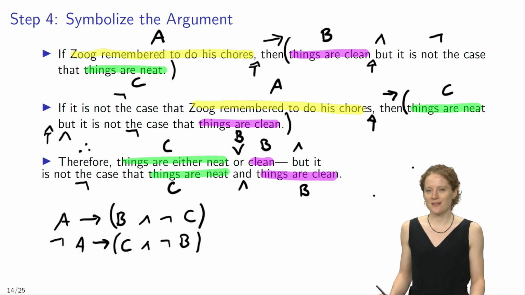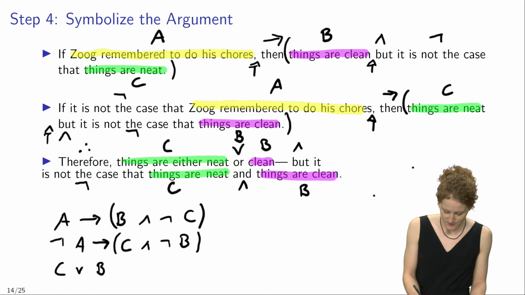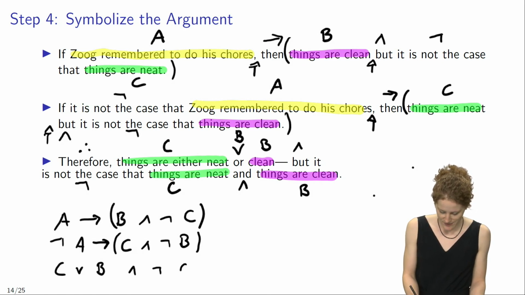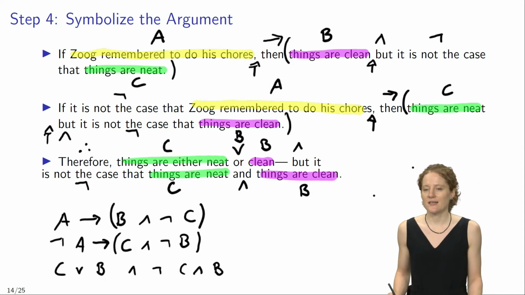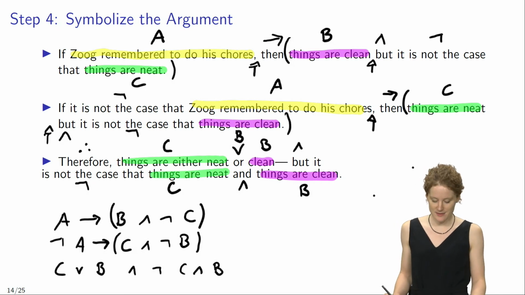Okay, let's look at the conclusion. Therefore, things are either neat or clean, but it is not the case that things are neat and things are clean. I'm going to symbolize this as follows. C or B and not C and B. And again, we need to add a few brackets to turn this into a TFL sentence.